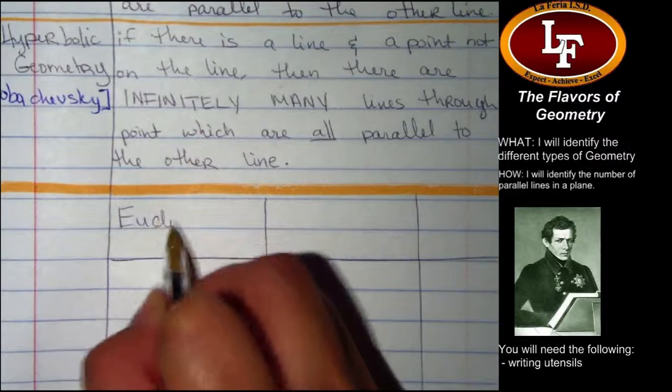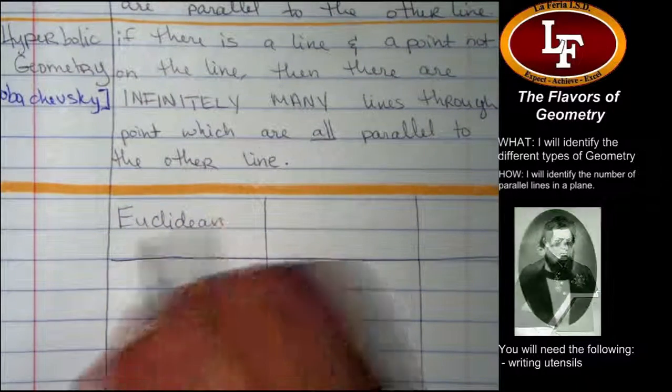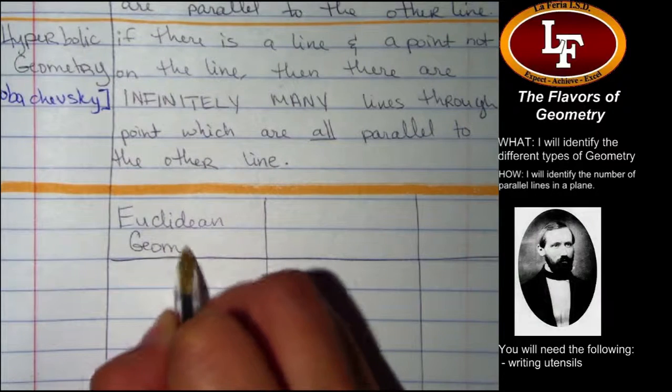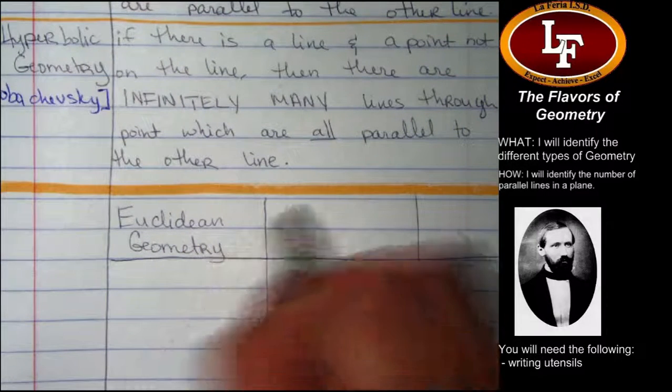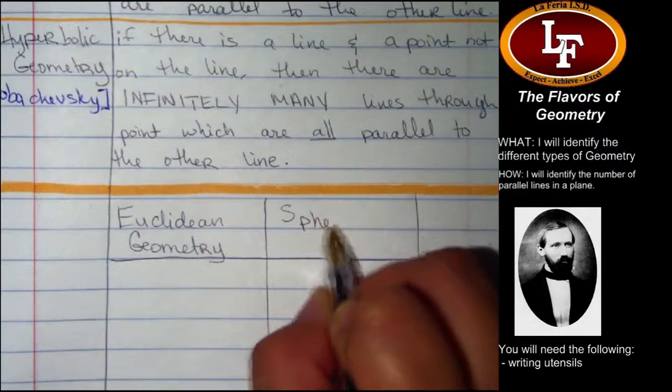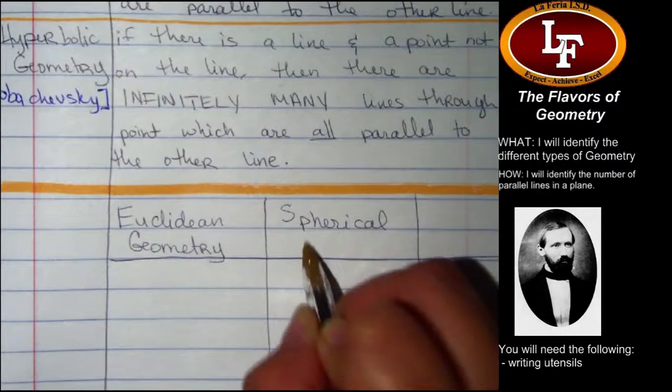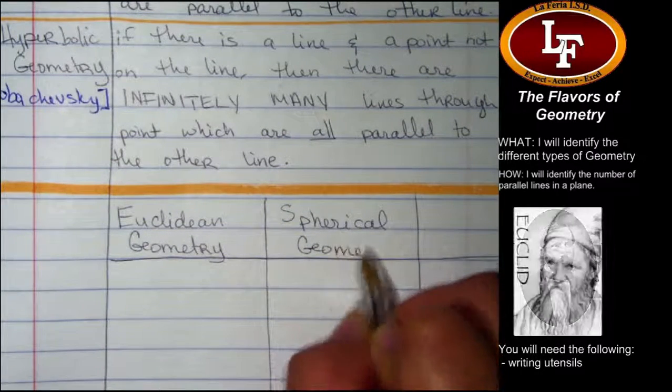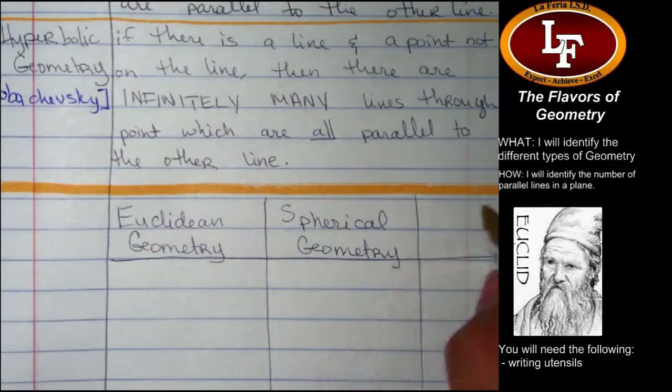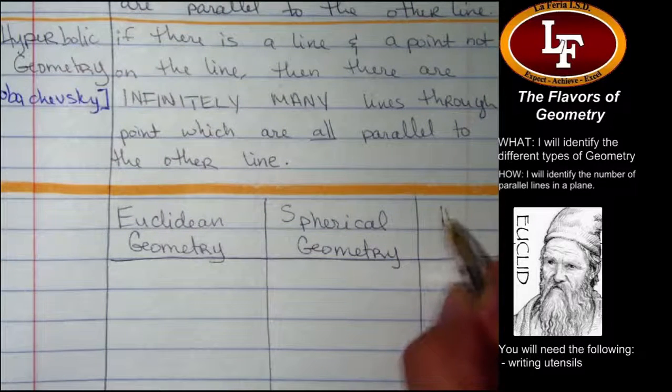Label one column Euclidean Geometry. The other column Spherical Geometry. And the final column Hyperbolic Geometry.